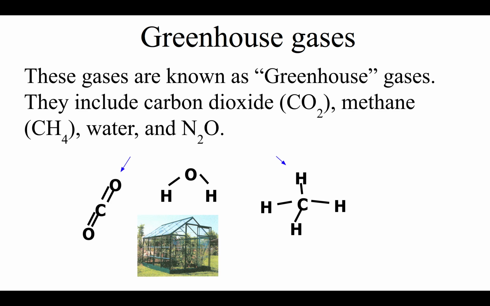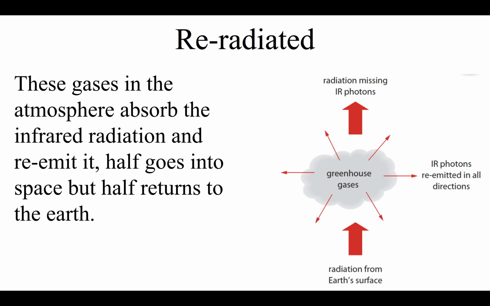So these are what we call our greenhouse gases, and carbon dioxide, methane, water, and nitrous oxide are a couple of examples. Not the only examples, but the most common. Okay, so the problem here is that these gases are going to absorb the infrared radiation and then they will re-emit it. Half of that re-emitted radiation will go into space, but the other half is going to come back down to the planet.